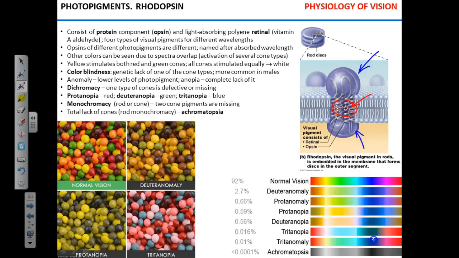The same vitamin A, like if you eat a lot of carrots, carrots have orange color because of beta-carotene. Beta-carotene is a precursor for retinoic acid, which is vitamin A. Retinoic acid, when it is reduced, becomes retinol. You don't have to know that chemistry. It's for my personal enjoyment.